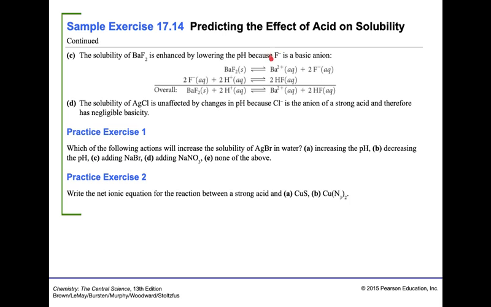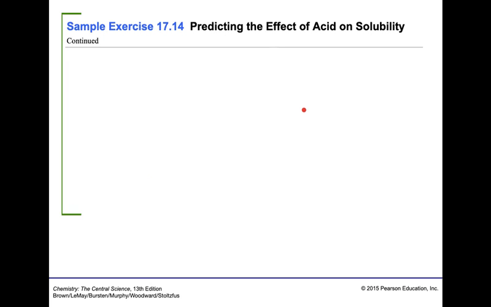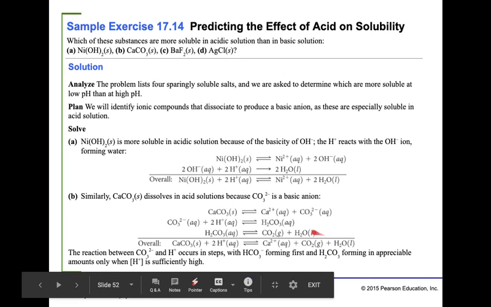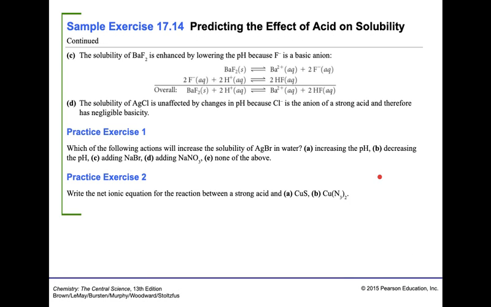So fluorine is a basic ion because hydrofluoric acid is a weak acid. Same with these other examples. We're getting weak acids as a result of that free-floating anion. Okay, so hopefully that's making sense for what you need to do there.